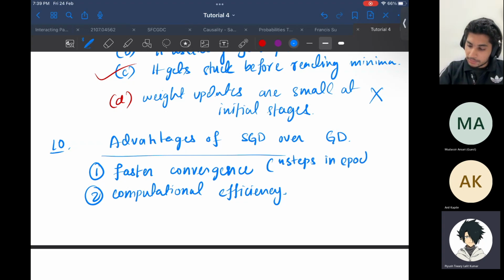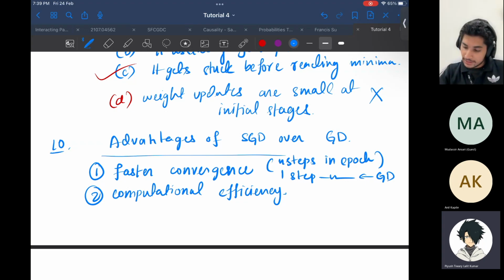Epoch refers to one pass over the data. Whereas normal gradient descent will take one step. So obviously if I am taking more steps in one pass over the data, I will converge faster than normal gradient descent.